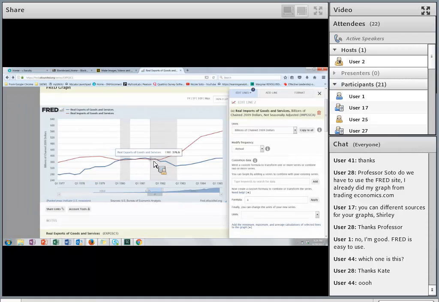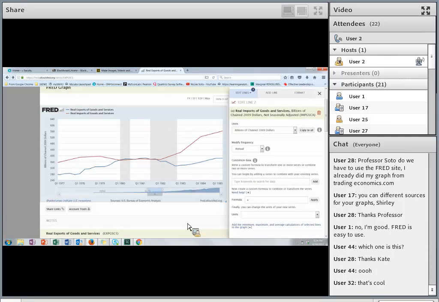I'm going to click right there, add data series, and just like that. Now I can grab this graph and adjust it to my time. Let's say I'm doing 75 to 85. Easy peasy, lemon squeezy. I've got my 10-year graph.